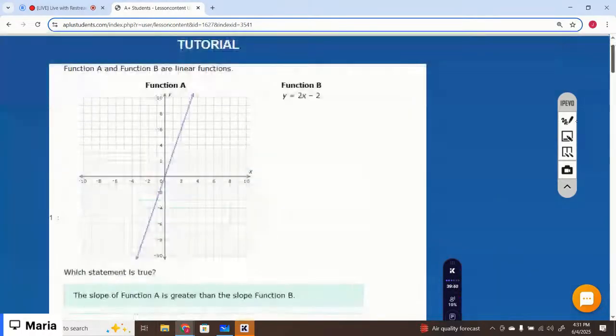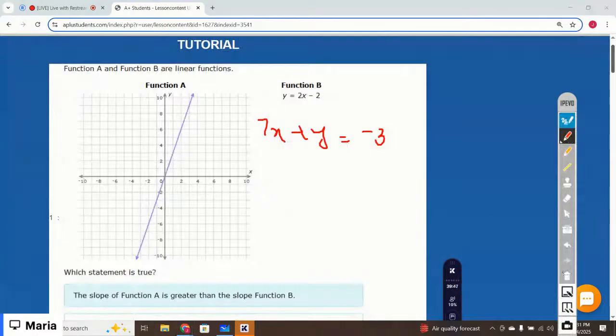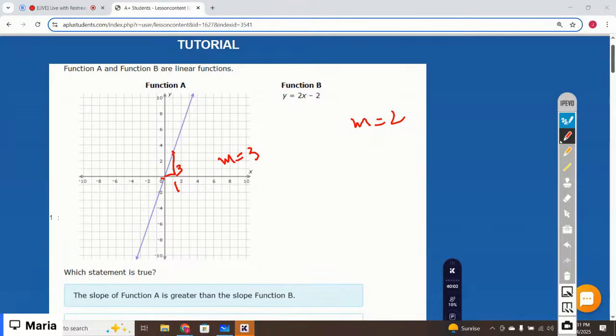The slope of function A is greater, and the slope of function B is 2. So the correct option is the slope of function A is greater than the slope of function B.